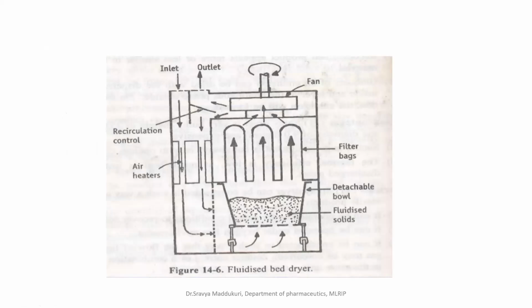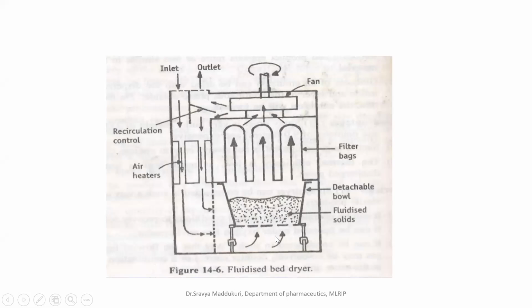Now, in the construction, it consists of a stainless steel chamber, and having a removable, detachable bowl. As you can see, it is a detachable, removable bowl with a perforated base. The base is not solid; it is perforated, having fine holes so that air can pass through from under it, right?